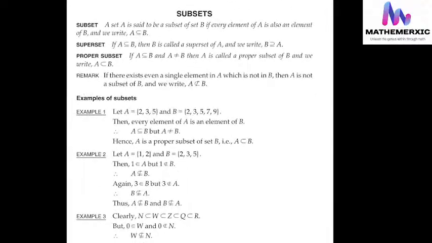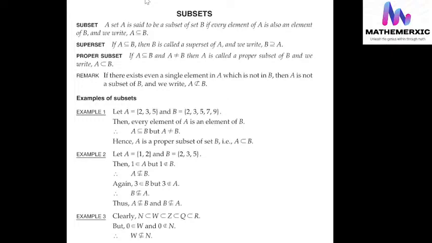Subset. A set A is said to be a subset of set B if every element of A is also an element of B, and we write A is a subset of B. If A is a subset of B, then B is called the superset of A. A is a proper subset of B if A is a subset of B and A is not equal to B, meaning the elements are different.